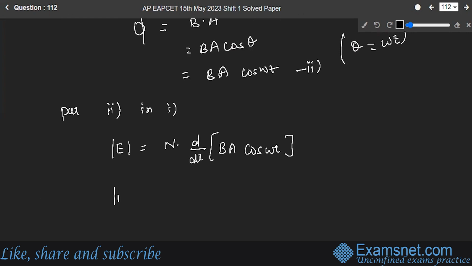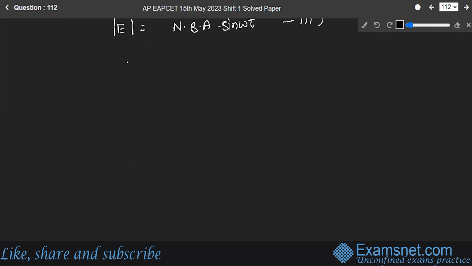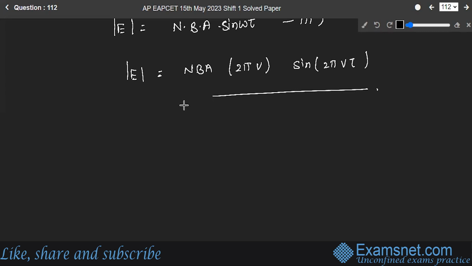You have mod of E as N into d by dt of B A cos omega t, or this is equal to N B A sine omega t. Let's say this is equation 3. So this will become E is equal to NBA omega sine omega t.